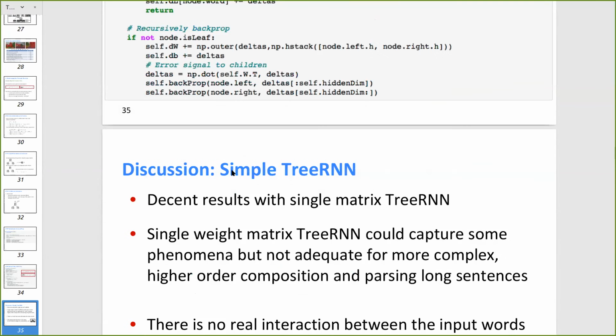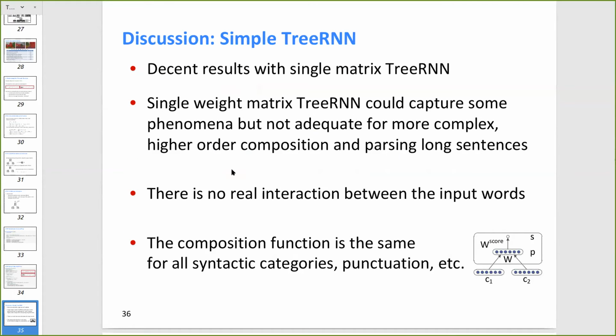So when we have a simple tree RNN like those we have seen so far, here are some points about it. What we talked about so far is a single weight matrix, and we'll see what its variant is.